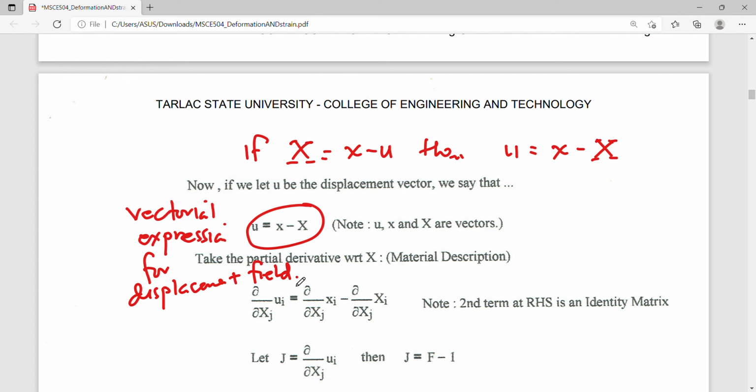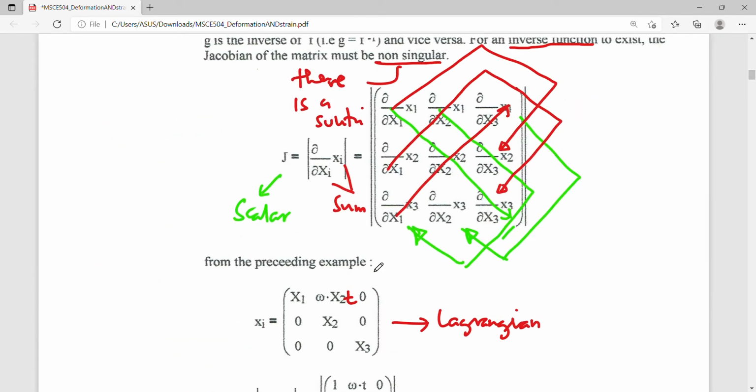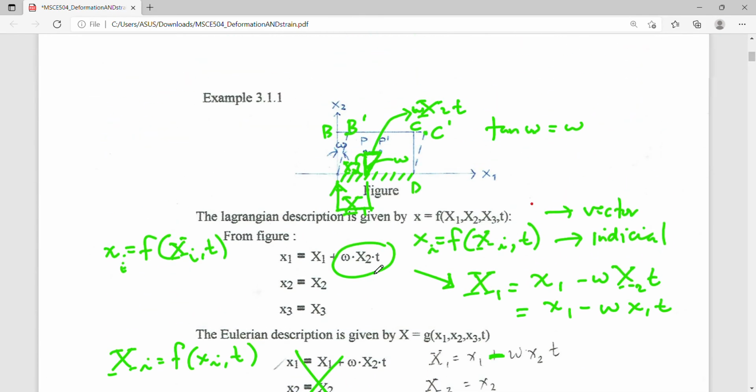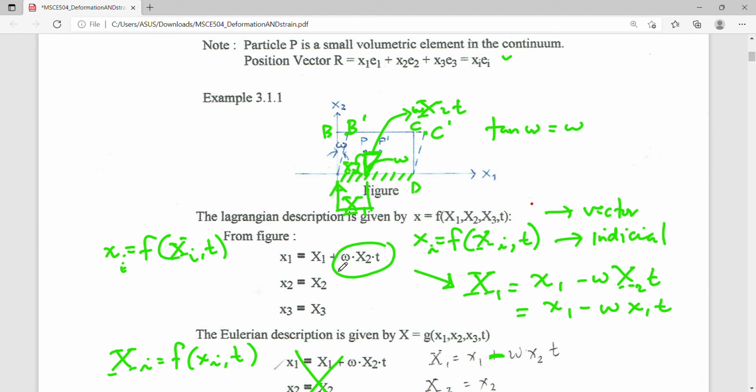So if we take the partial derivative with respect to capital X, this is the material description, because we're taking the partial derivative with respect to capital X. Remember our definition of Lagrangian is that the function is described with respect to the capital Xi.